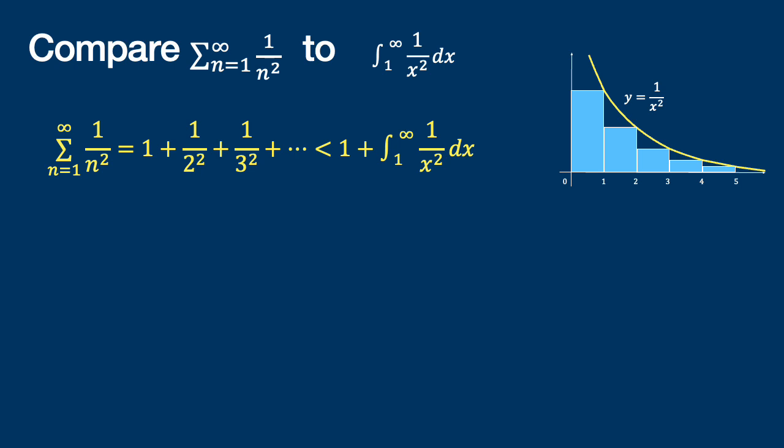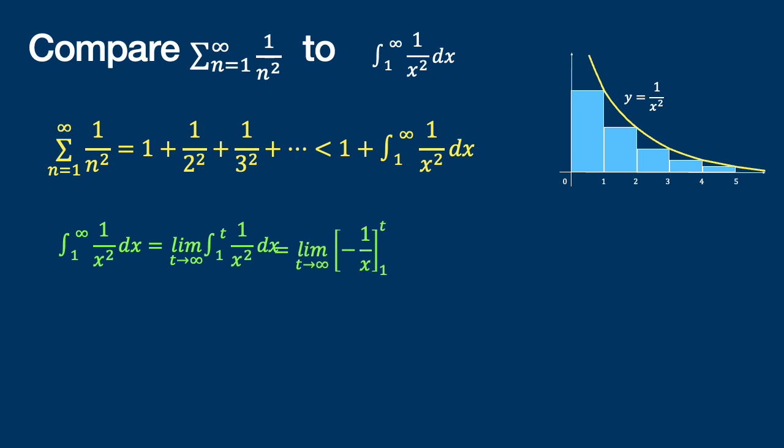Okay, now let's find the improper integral first. What's the value of this one? Let's review the improper integral one more time. The integral from 1 to infinity of 1 over x squared dx. The definition is the integral from 1 to t, with t approaching infinity, of 1 over x squared dx. The antiderivative of 1 over x squared is negative 1 over x, from 1 to t.